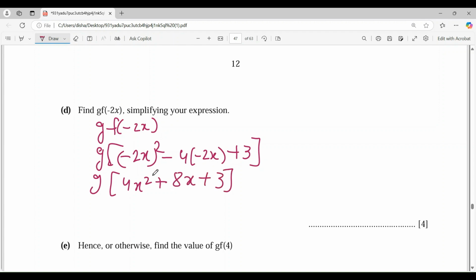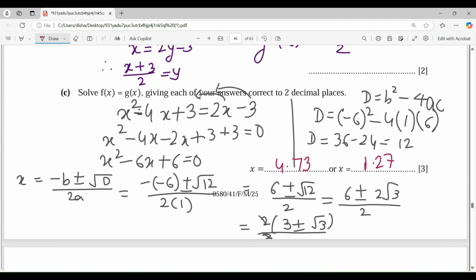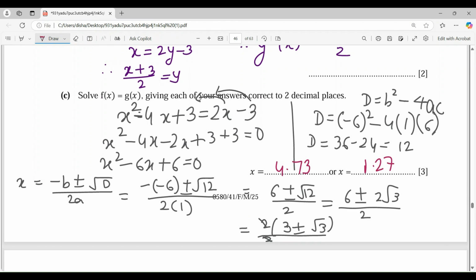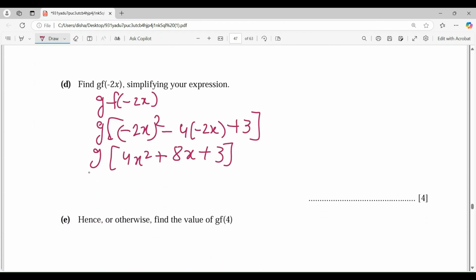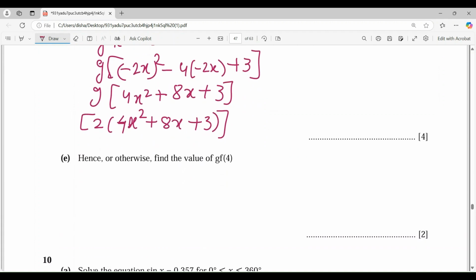Now this shows in g I have to put, wherever I have x I'll put this whole value. So g is 2x minus 3. So here I'll put 2 into, instead of x I'll put 4x square plus 8x plus 3, minus 3.